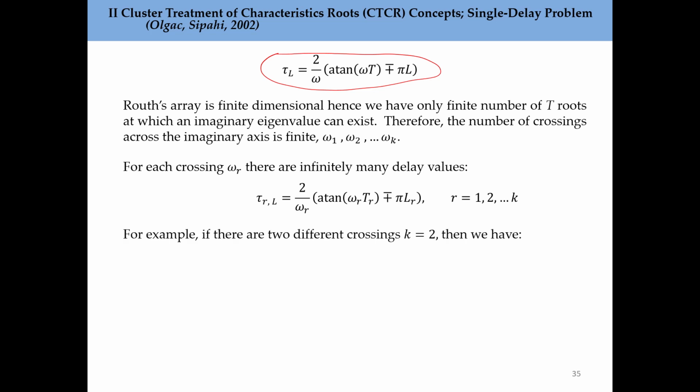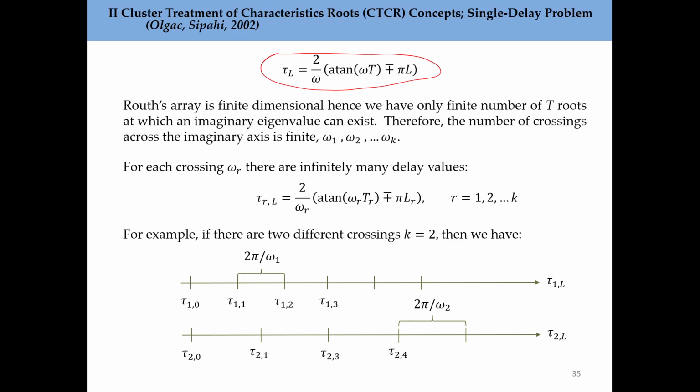For example, if there are two different crossings, as in the previous example I showed, then we have two sets of infinitely many delay values, each set corresponding to a particular crossing.